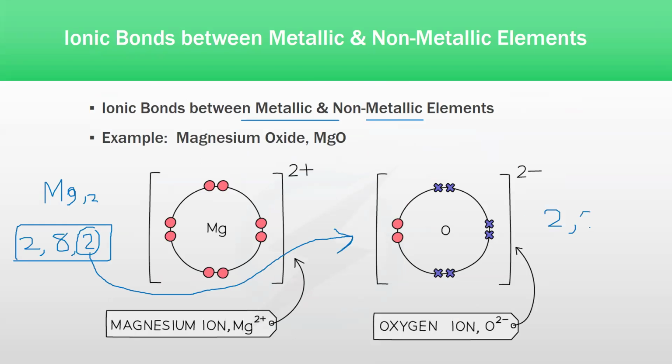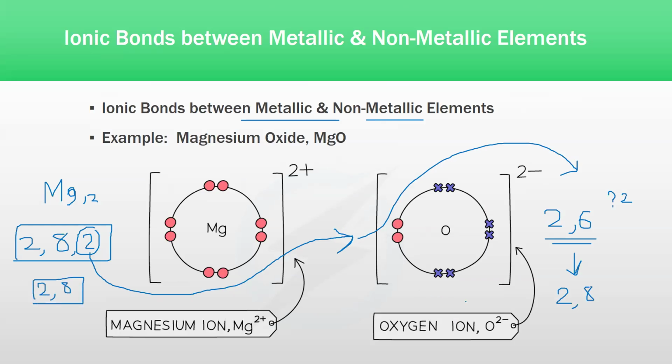Oxygen was 2,6. Now, oxygen needs two more. Those two will be donated by the magnesium, and now oxygen will become 2,8. And magnesium would become 2,8 as well. Both of them are going to become 2,8. Got it? Good job.